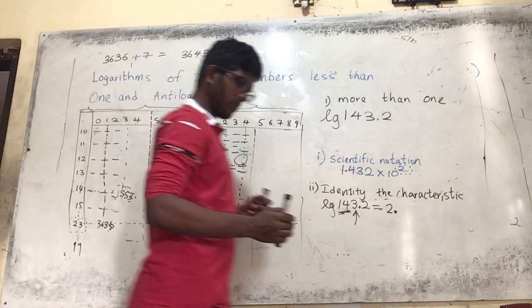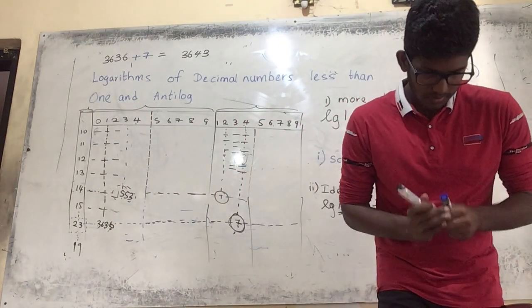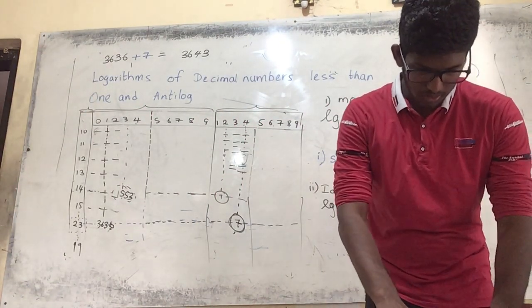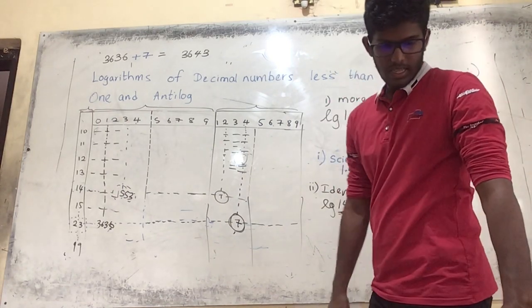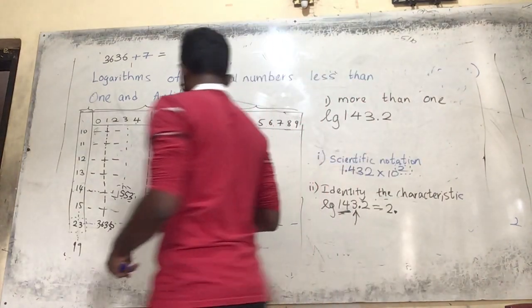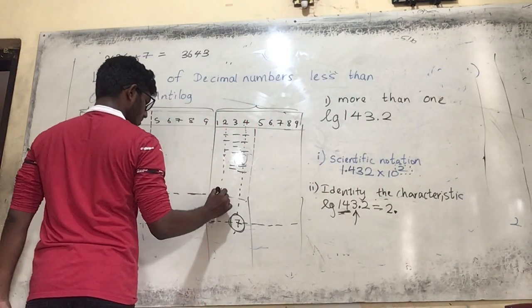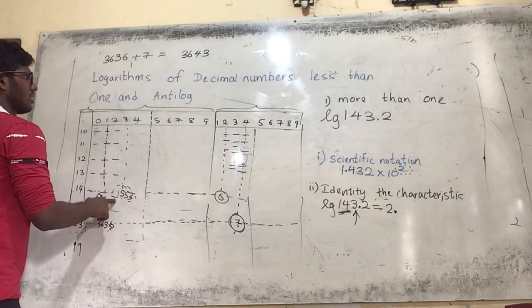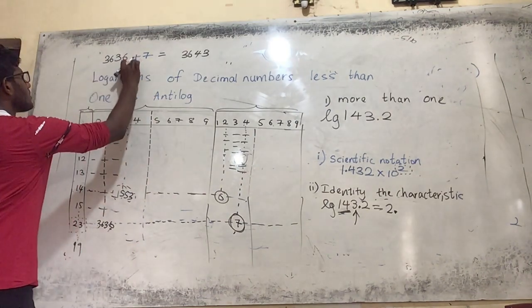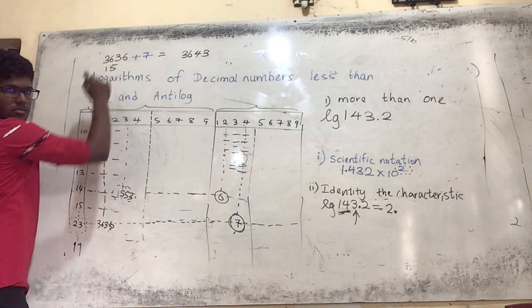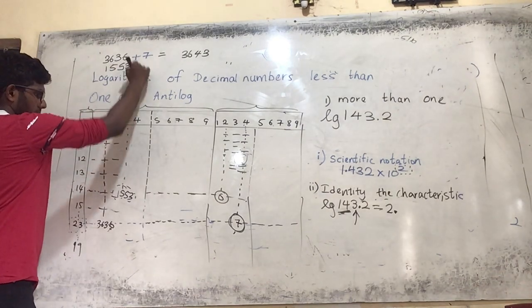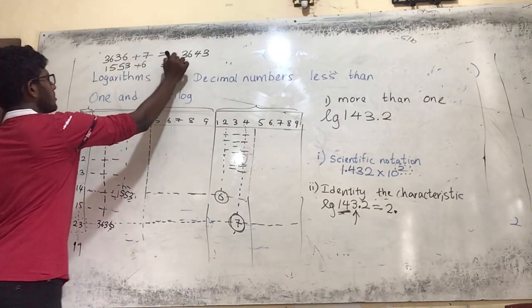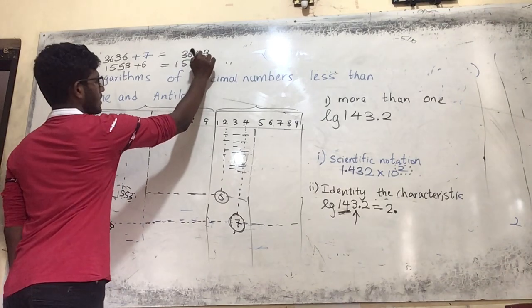What is that value? You will get 6. What do you have to do? Get this value. 1553 plus 6. So you will get 1559.